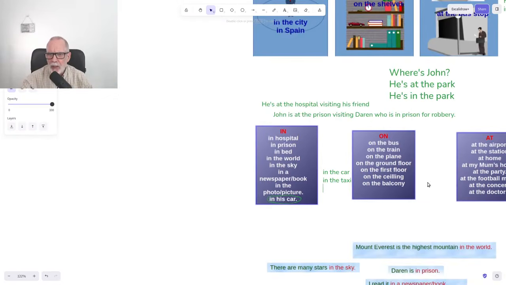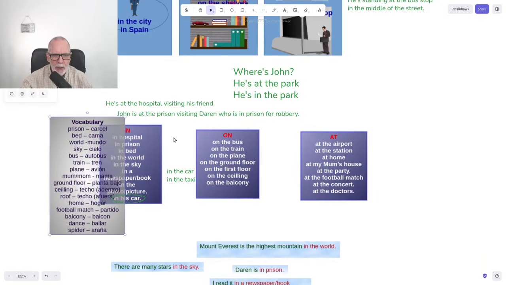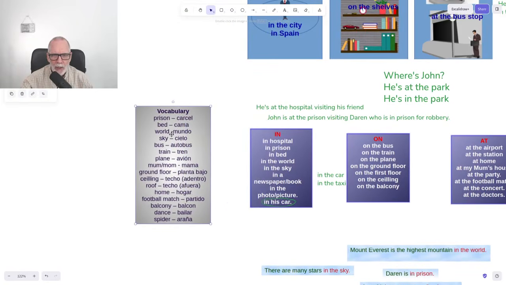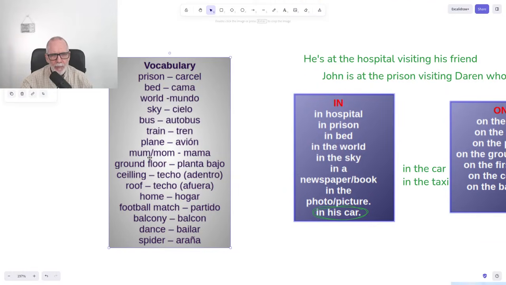Tengo vocabulario aquí también, porque where's the vocabulario? Aquí está el vocabulario. So prison, we saw, es cárcel, bed, cama, world, mundo, bus, train, plane, mum, mamá, mum in British English con U y mom in American English, ground floor. Ceiling es el techo pero adentro.